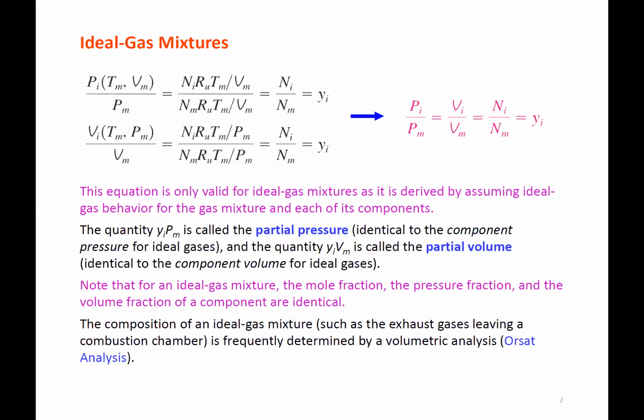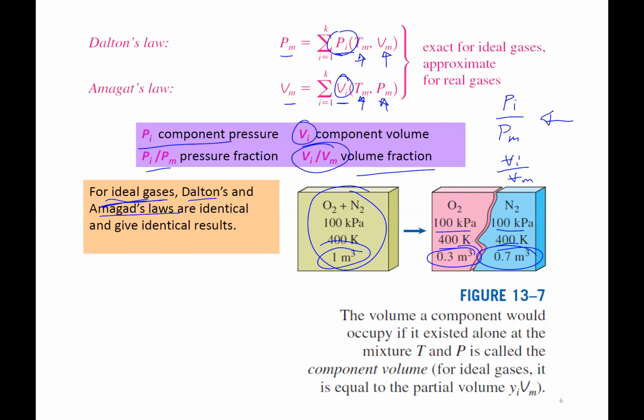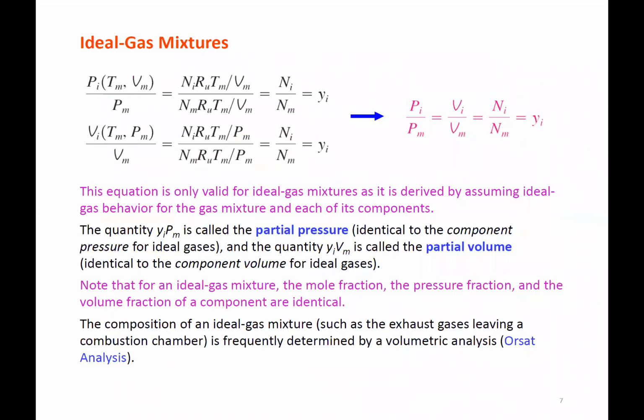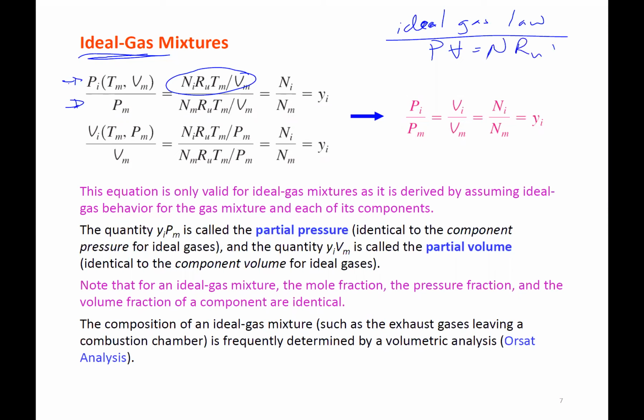All right, so what does this mean for those pressure fractions and volume fractions? Well, let's show it for an ideal gas. If we put in the PI and the PM, if we put in the ideal gas law, the mole version with the universal gas constant. If we want pressure, we have to move volume over, so that's what you see here.